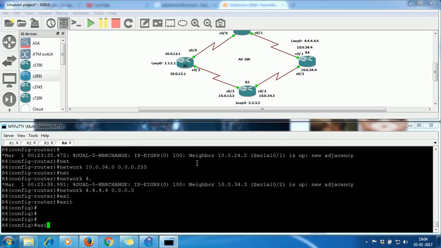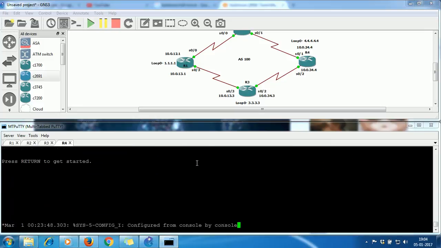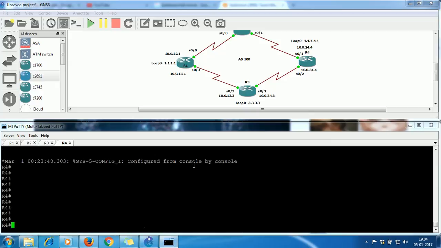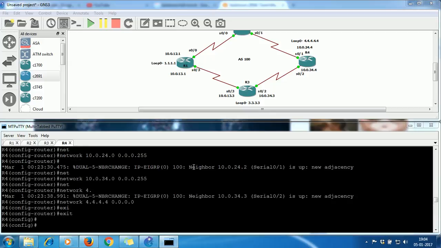That's it. Yeah, here you can see some logs we have got. See, this is DUAL. It is the protocol which EIGRP is using. Okay, so we have got a neighbor change notification.